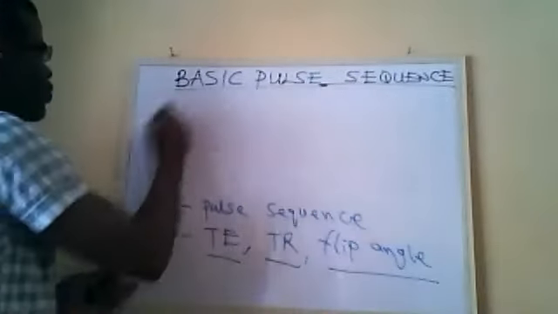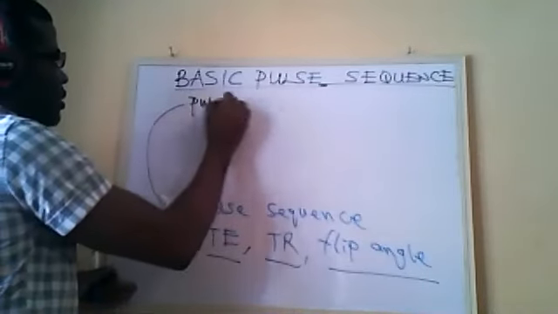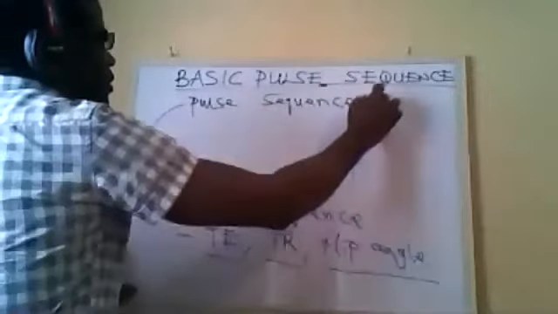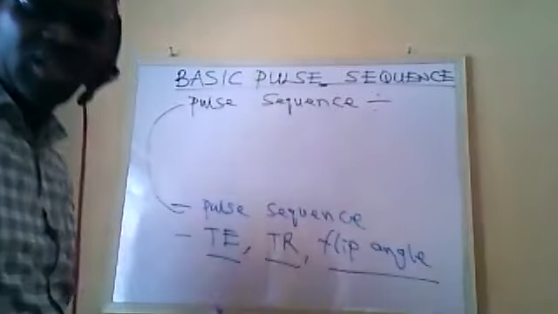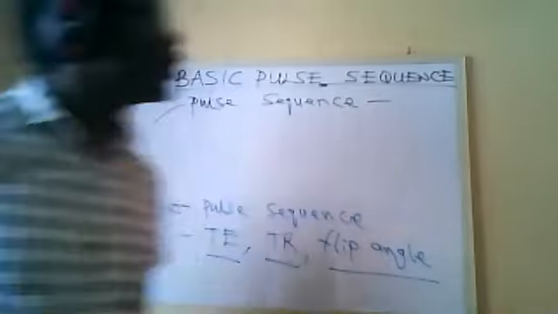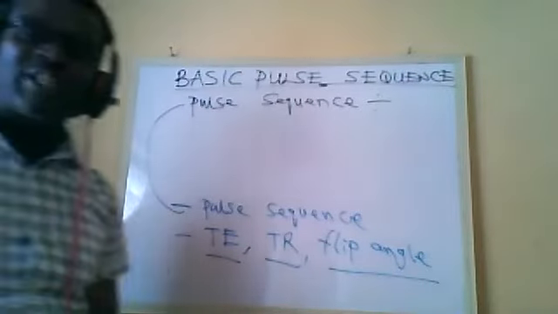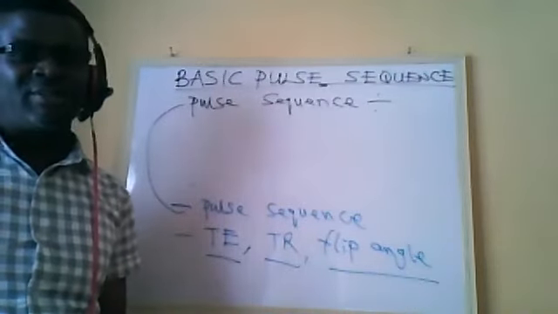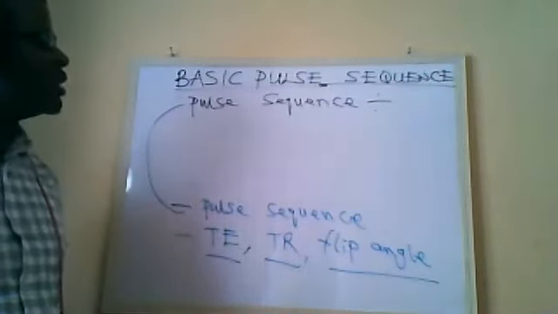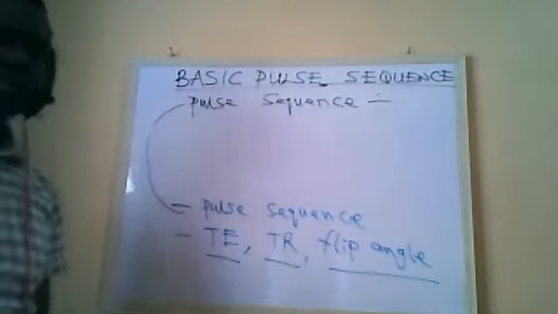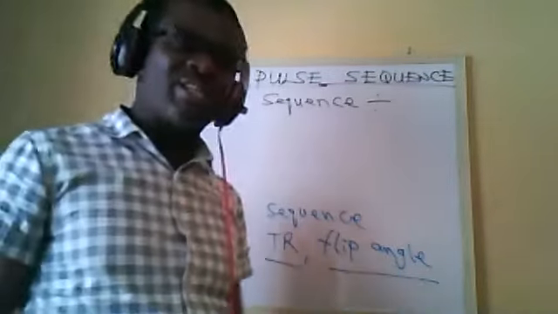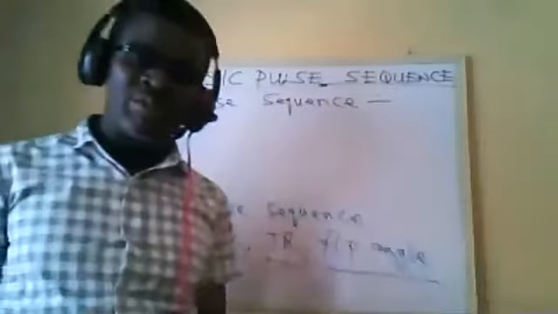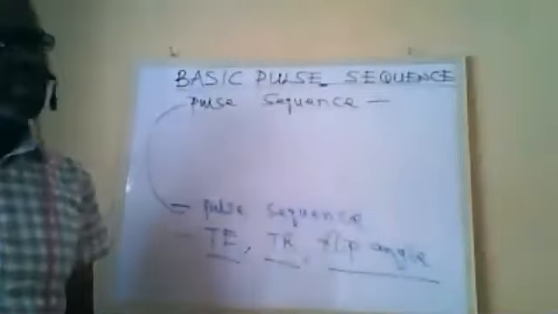What do you mean by pulse sequence? Pulse sequence is the series of steps we apply in getting an MRI image. Those steps we undertake, or the machine undertakes, such that we finally get a detectable signal.